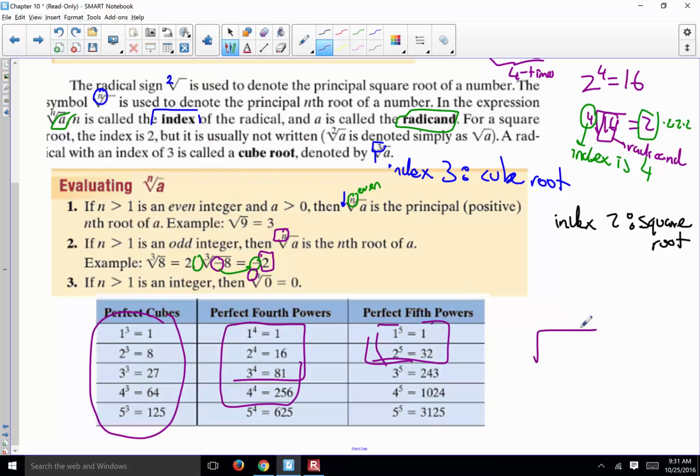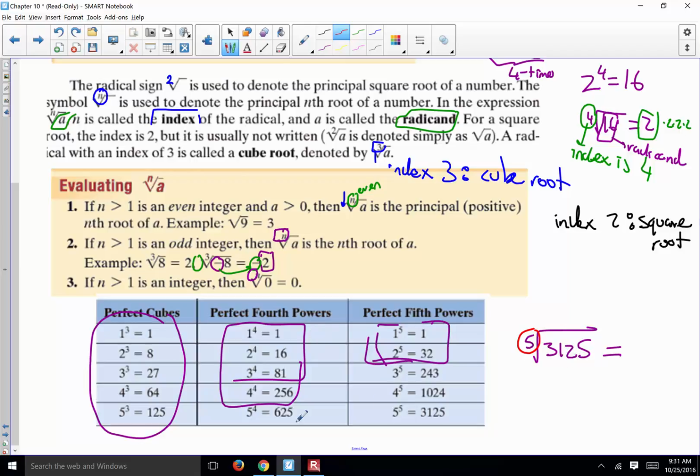For example, what is the 5th root of 3125? What do I mean by this? What number multiplies itself 5 times? You're going to find a number here that multiplies itself 5 times and becomes 3125.